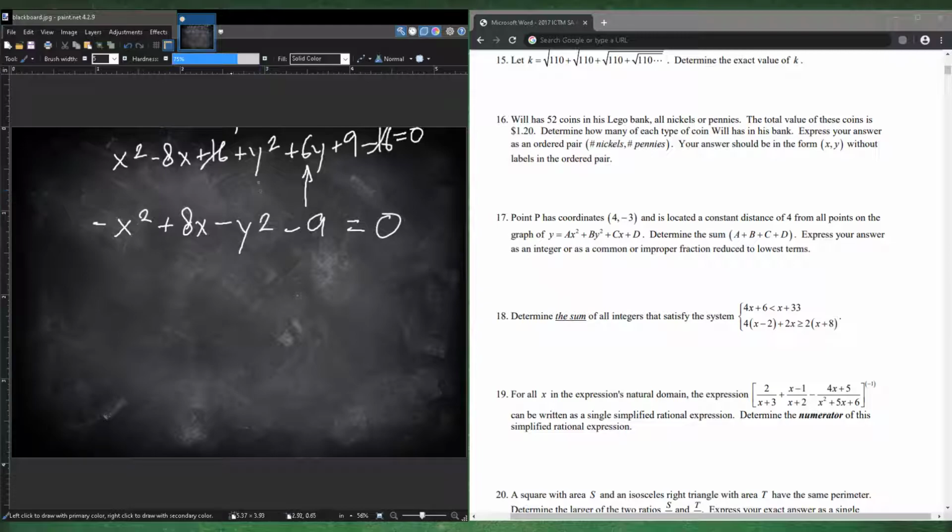And that's equal to our 6y because we kept that side, everything else moved to the other side. So we just divide by 6. So it'll be -1/6 x² + 8/6 x.